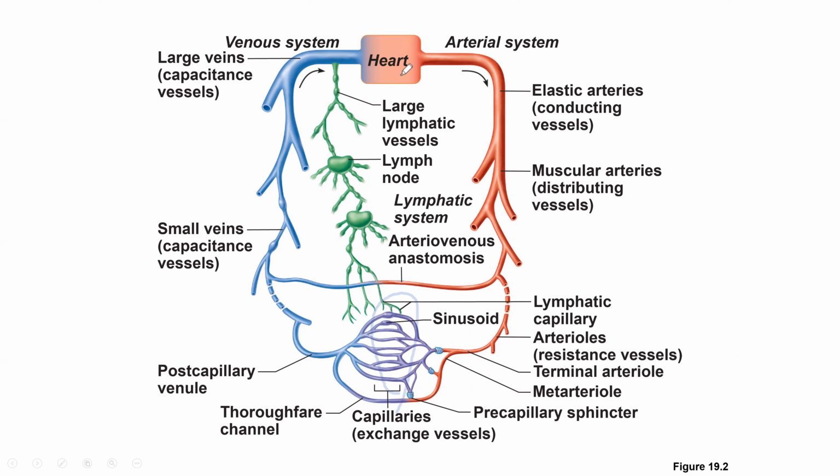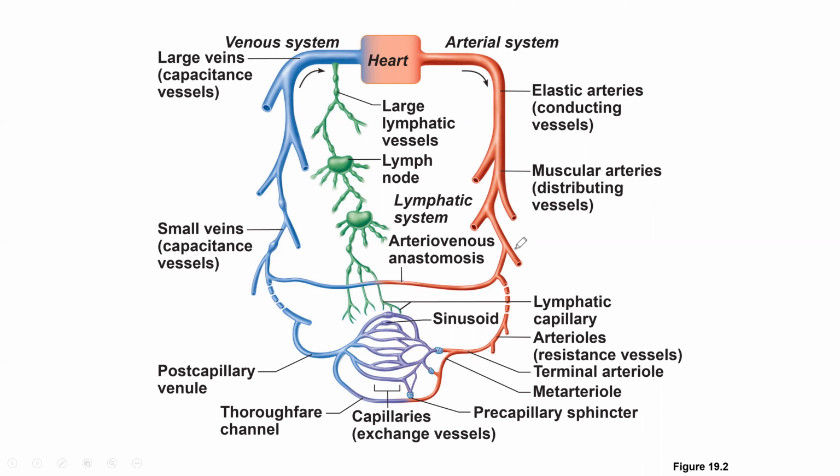So you can see arteries carry blood away from the heart, and we're gonna start with the largest arteries. They are called elastic arteries or conducting vessels. Then they branch into smaller blood vessels called muscular arteries or distributing vessels.